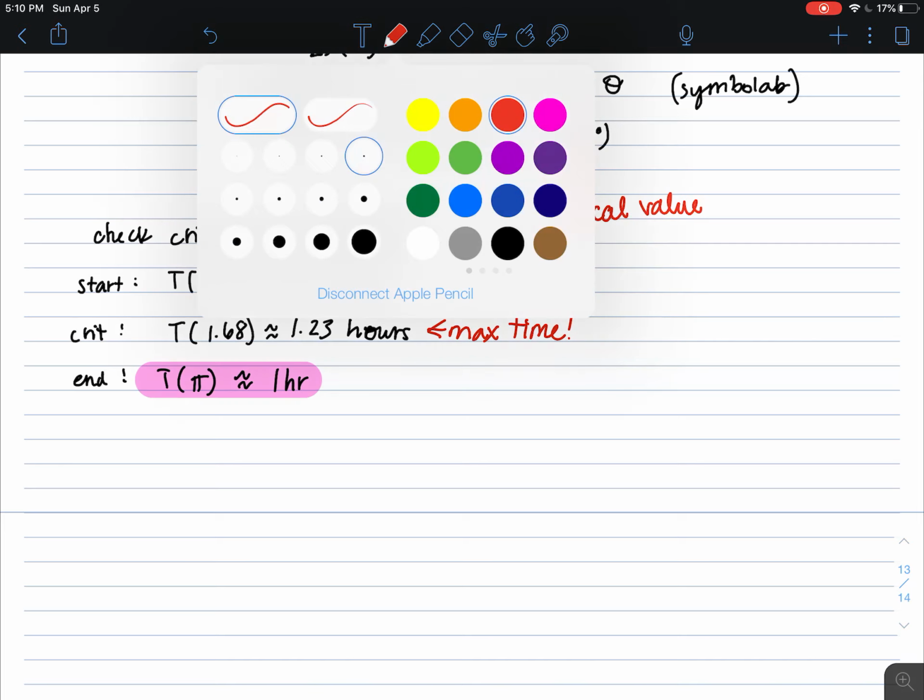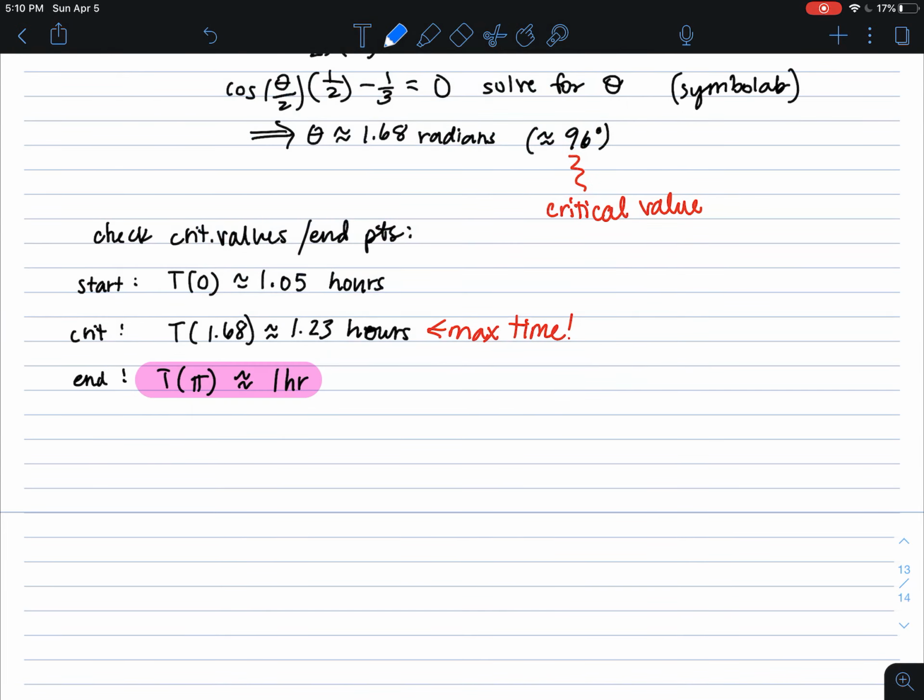Okay, so for the answer, to minimize the time, you should swim the entire way.